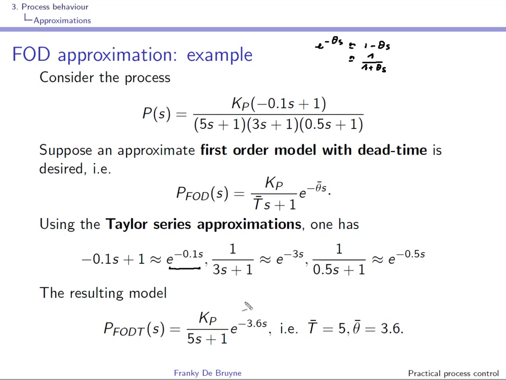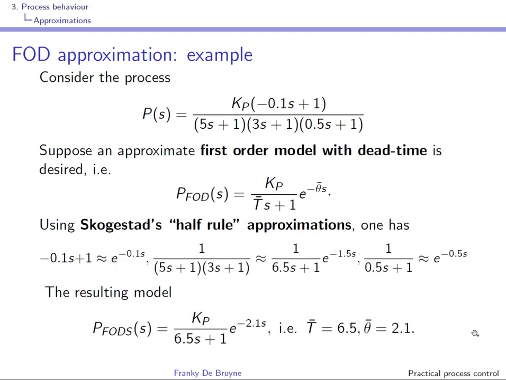Well, if we combine the delays, we'll have a combined delay of 3.6, and this results in the following first order model with dead time. So the first order time constant here is 5, and we have a dead time or a delay of 3.6 seconds.